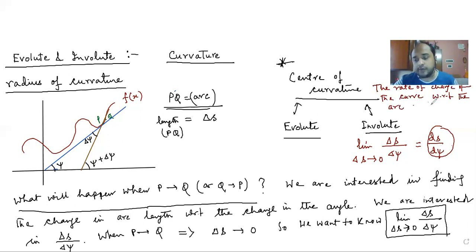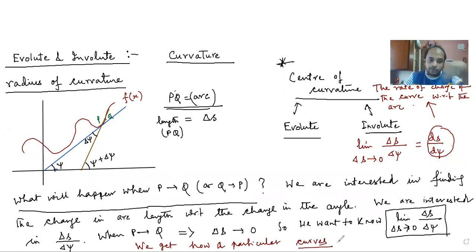This is called the rate of change of curve with respect to the arc. In a word, we want to know how a particular curve curves.